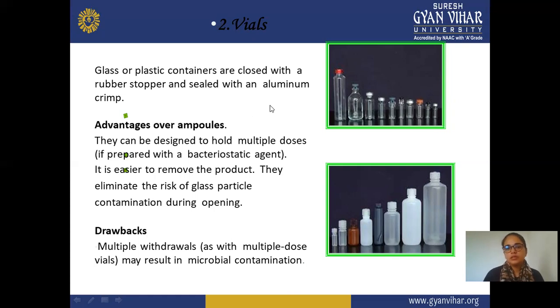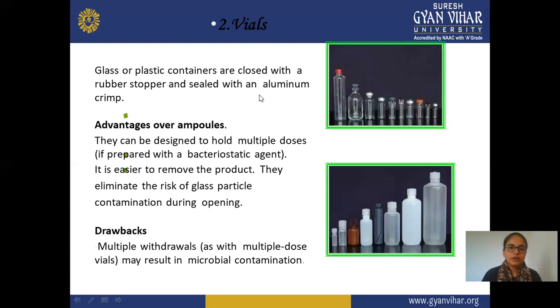You also see the image. This is an aluminum-containing cap or stopper that you put on your glass container and plastic container. So these vials are mainly made up of glass as well as plastic, and the cap is made up of aluminum.